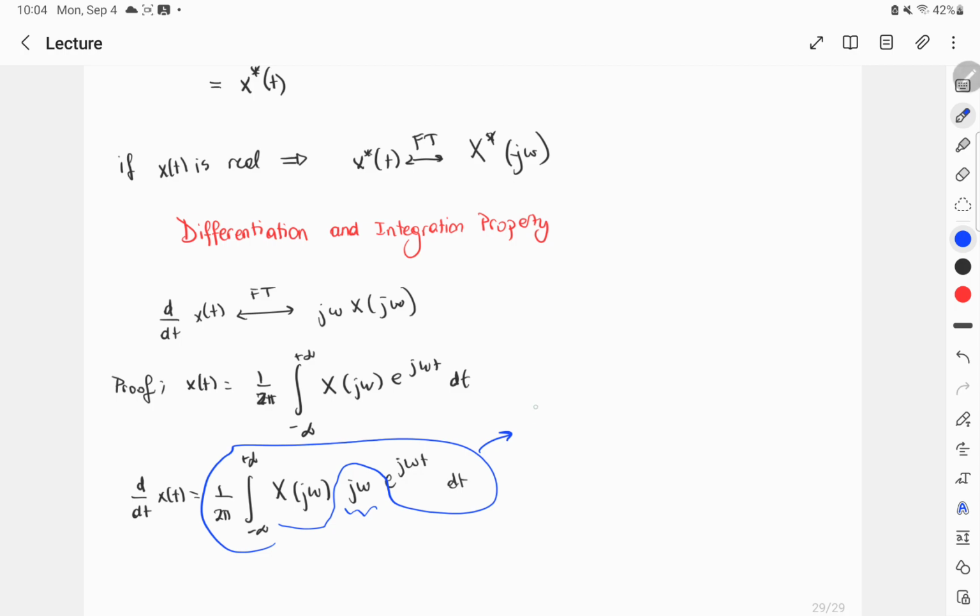Therefore, we can sum it up. Let me write this here. As a result, what did we do? We connected the time domain with the frequency domain.